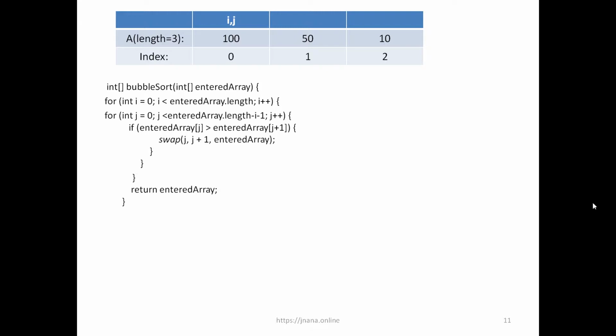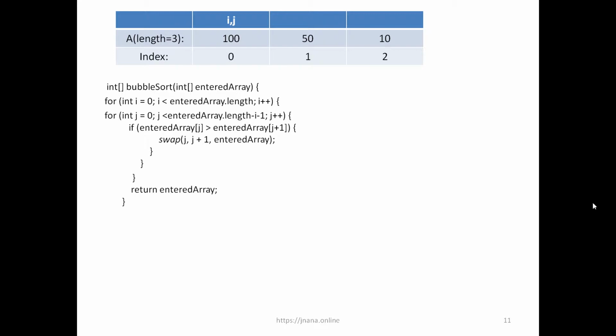I less than entered array dot length, I less than a dot length, that is I less than 3. That means I will go from I equal to 0 to I equal to 1 and I equal to 2. So I will traverse 3 values 0, 1 and 2.